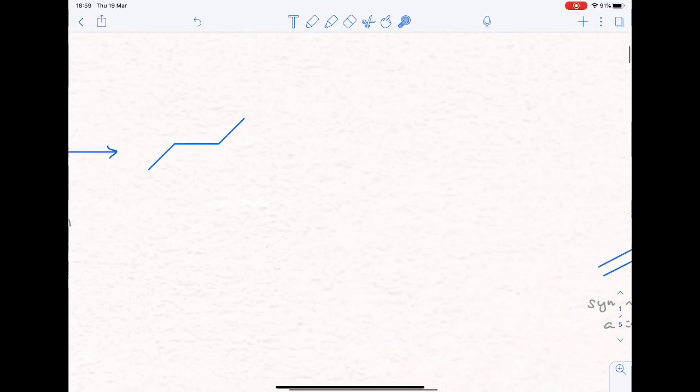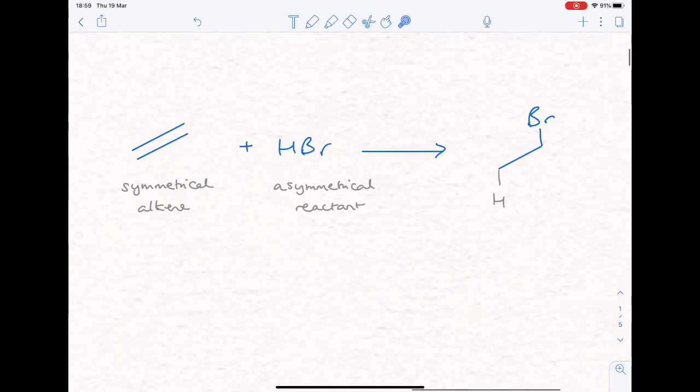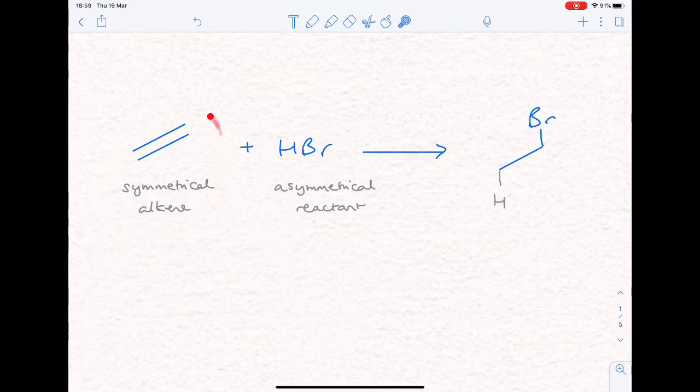Here's another example. We still have a symmetrical alkene, but this time we have an asymmetrical reactant, and we still only get one possible product. The bromine can bond to this carbon here, and we get this possible product, with the hydrogen on the other carbon.